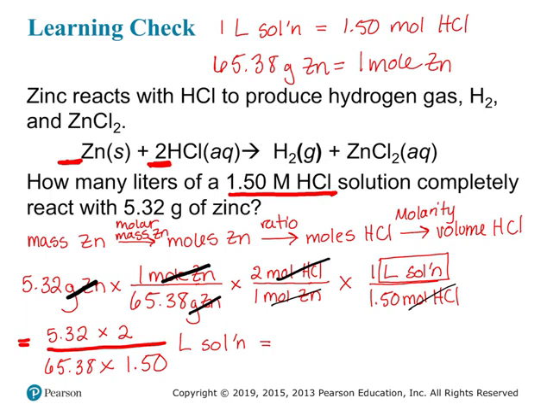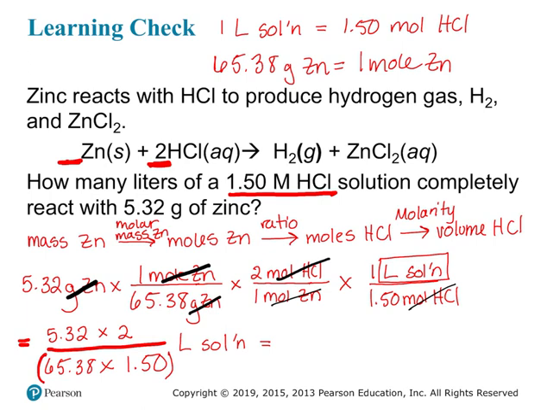So now let's plug this into our calculators. So 5.32 times 2 divided by, and I'm going to put parentheses around everything in the denominator, just so my calculator knows exactly what I'm doing.